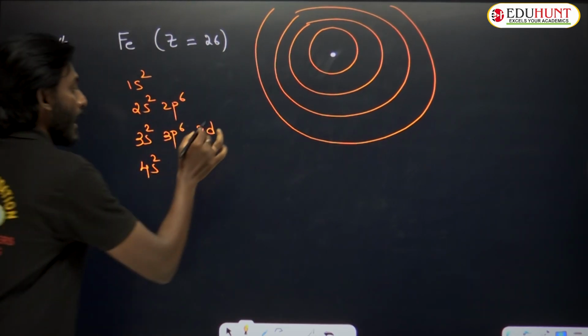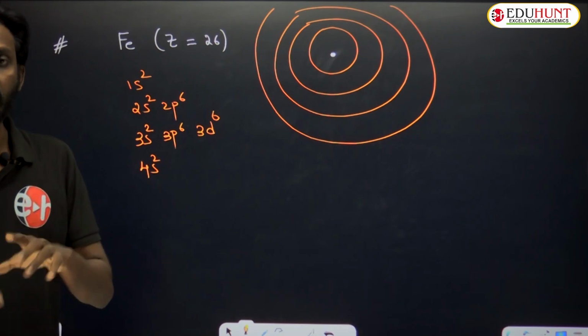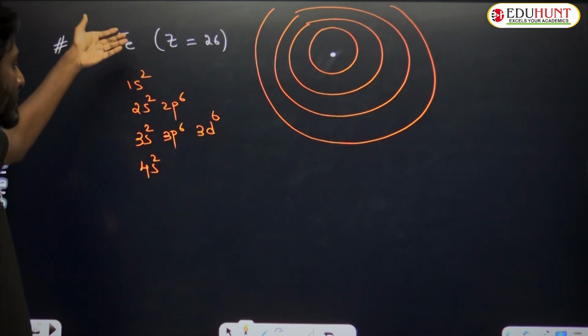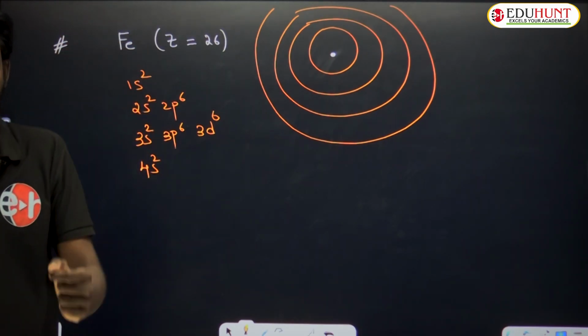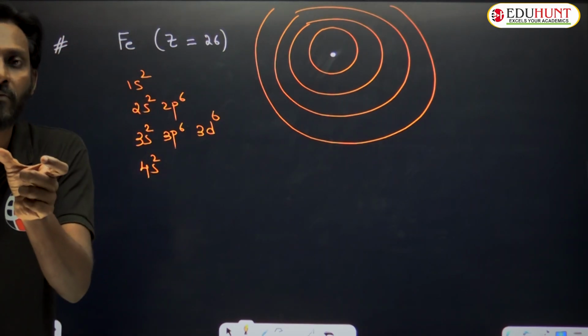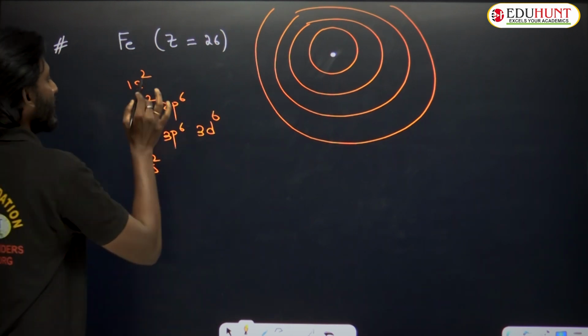Again I am telling you, please don't worry if you have not learned how to write this electronic arrangement, electronic configuration. You are going to learn it further. But to explain the variable valency, I am writing it for you. Okay, yes. Now, what are the electrons? This 2.